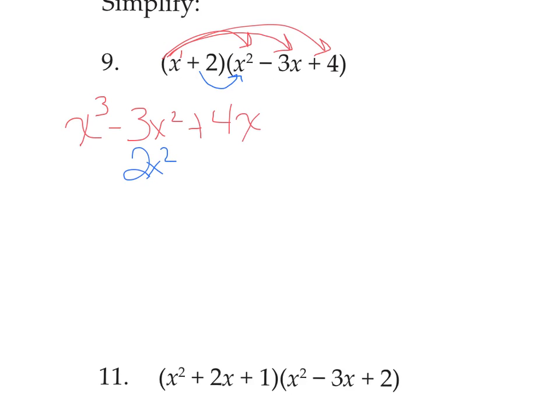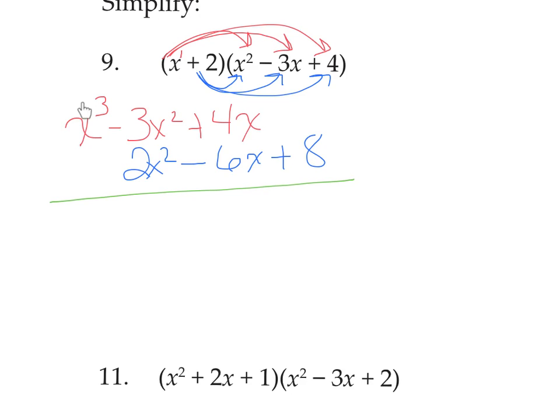And I'm lining them up vertically like I did in the lesson, just so that it makes it easier to combine like terms. 2 times negative 3x is negative 6x. 2 times 4 is 8. Then we can combine like terms vertically like this. They're already lined up for us. So x cubed. Negative 3 and positive 2 makes negative 1 x squared. Positive 4 and negative 6 make negative 2x. And then we have the plus 8.